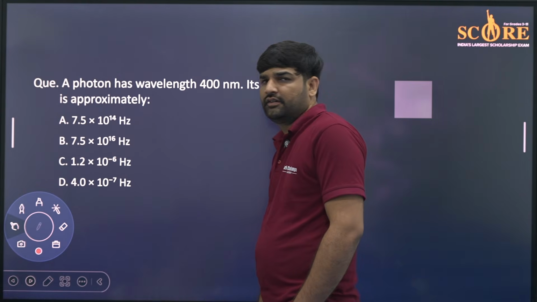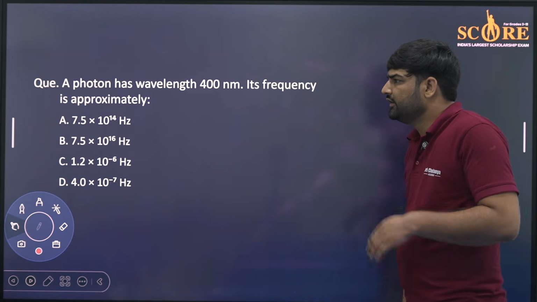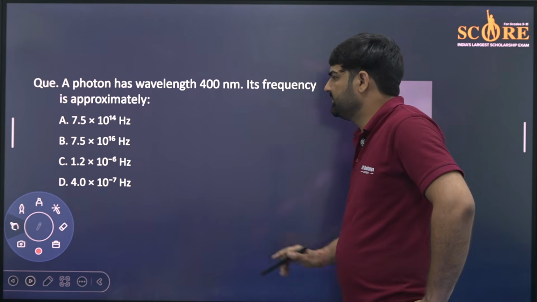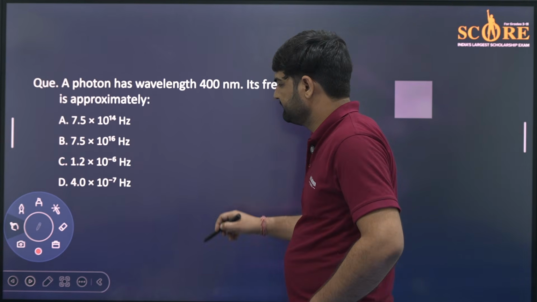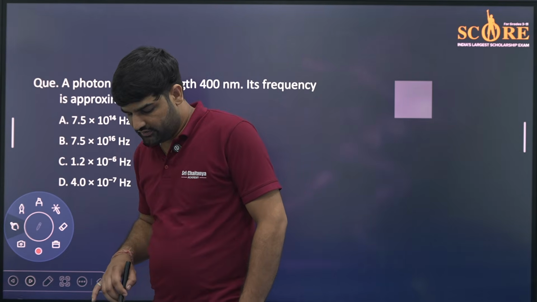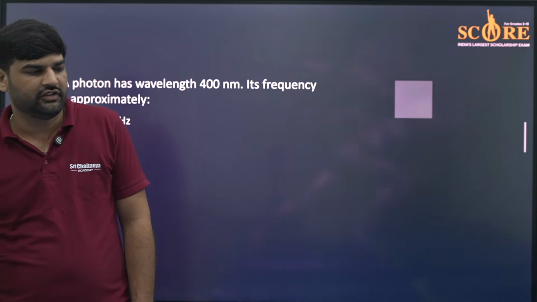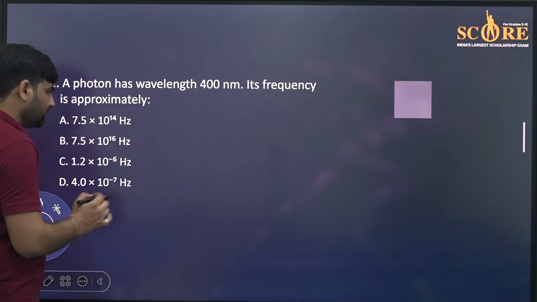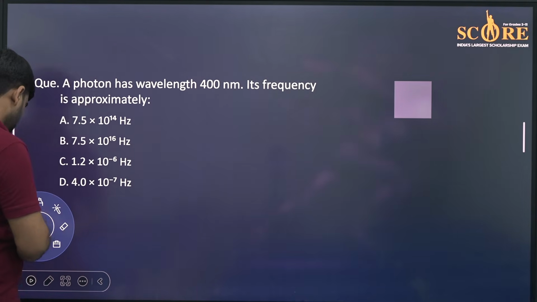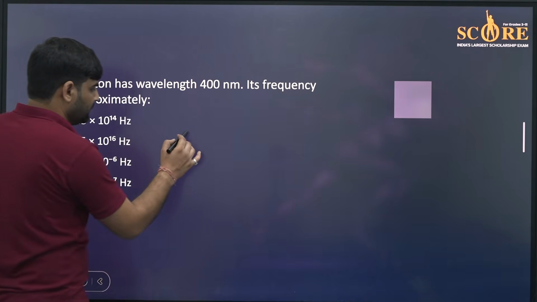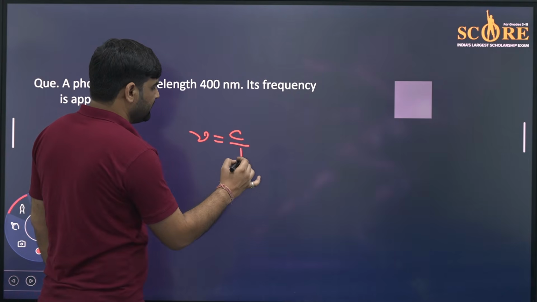Next, this is a very simple question. A photon has a wavelength given, frequency is approximately? So you know frequency will be nu equals c by lambda.